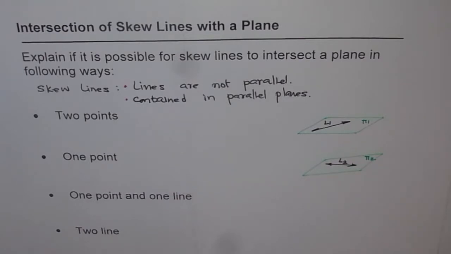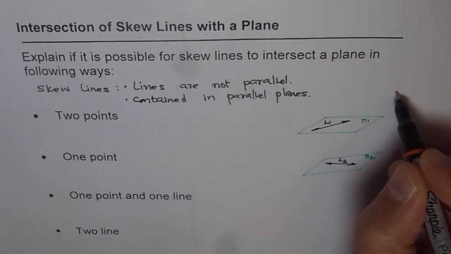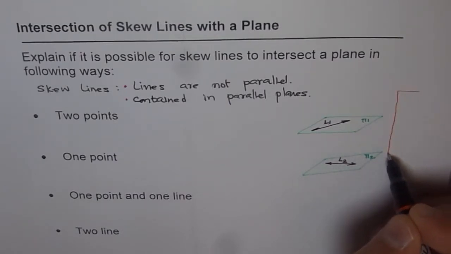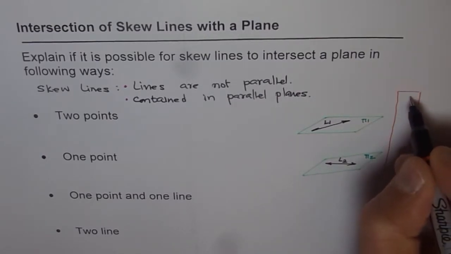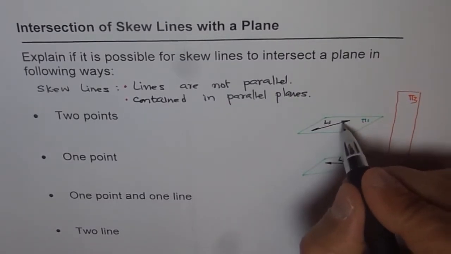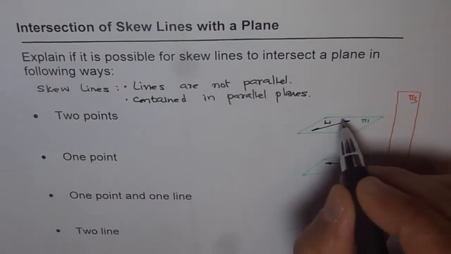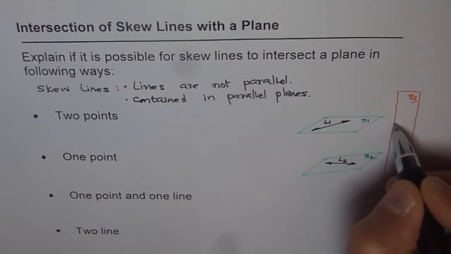Now if we consider another plane here, let's say any plane here, right? I'm just drawing some plane here. Let's say this is my plane, and I'm calling this plane pi 3. Now in this case, as you can see, I can extend my lines, right? As the plane extends, the lines also extend, and planes can extend in all directions.